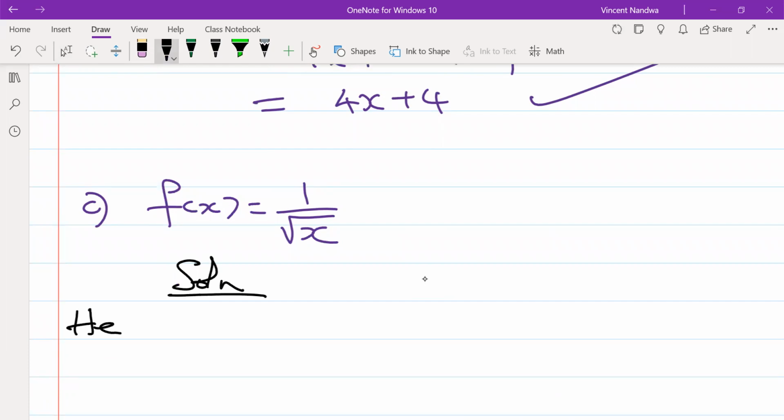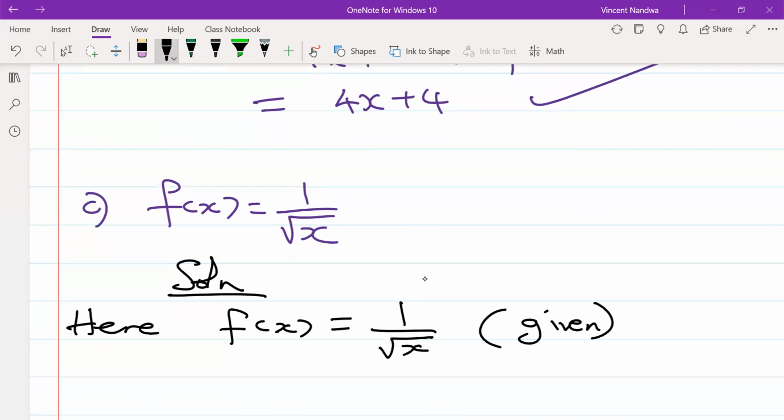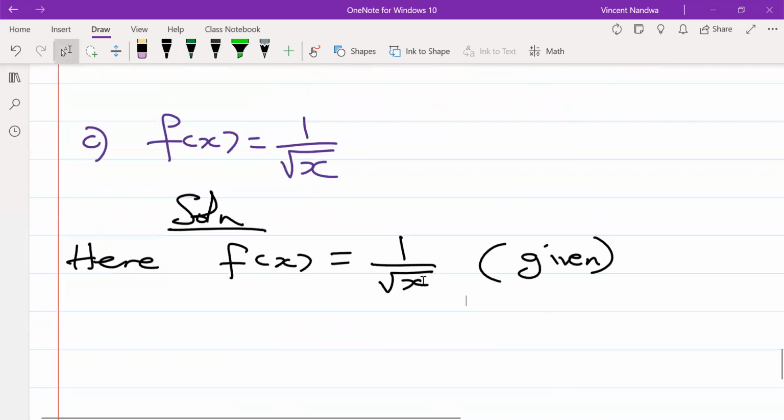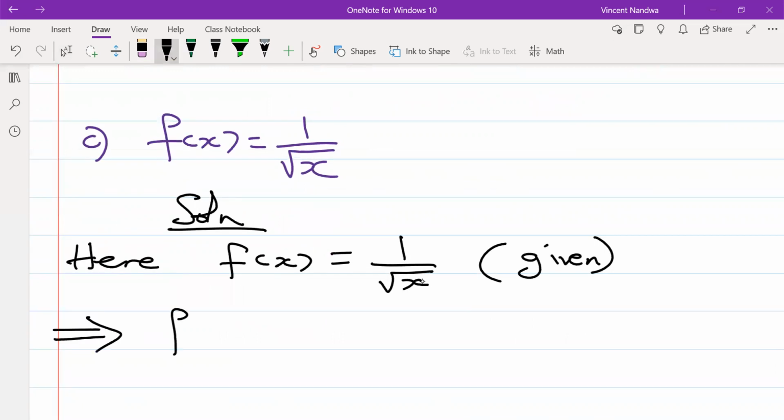In this case, f of x is given by 1 over square root of x. Then this will mean f of x plus h is, correct. That's what it will be. Just the role of x is taken by x plus h.